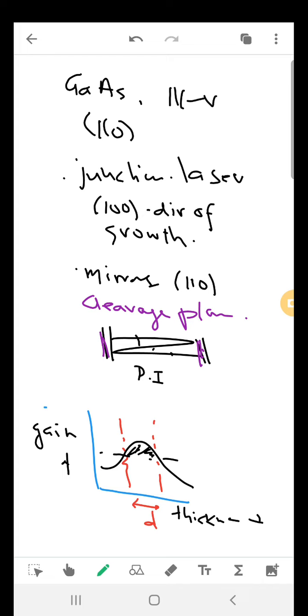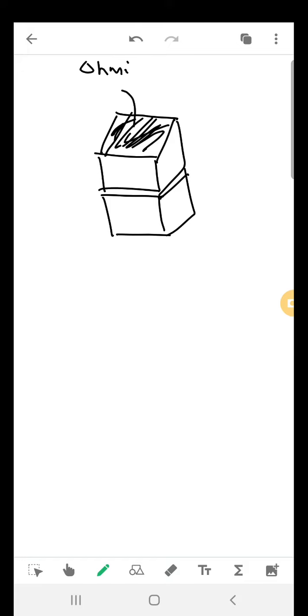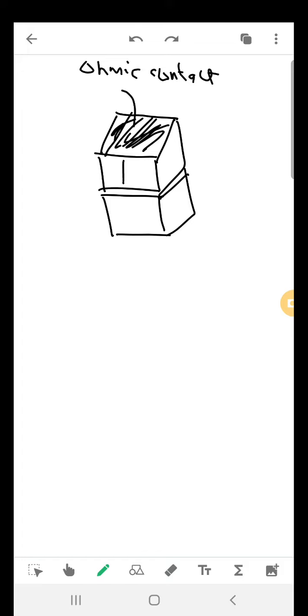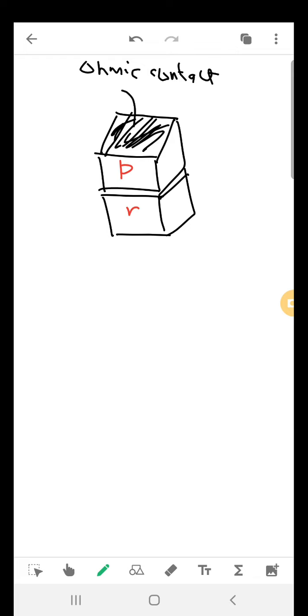So a diode laser basically looks like this. You have an ohmic contact on the surface. We have a P junction and an N junction.